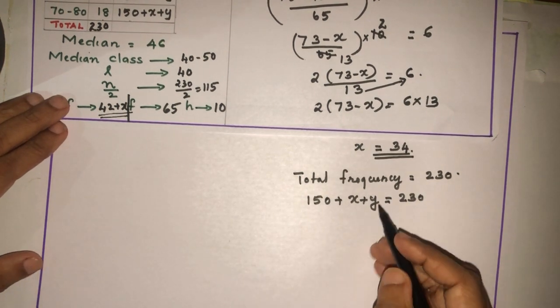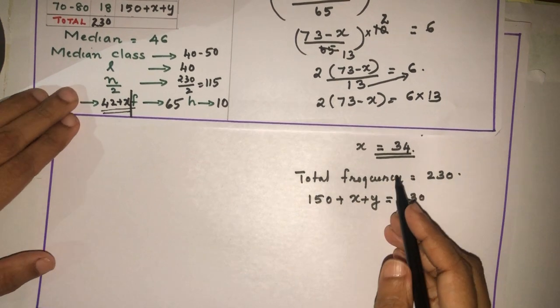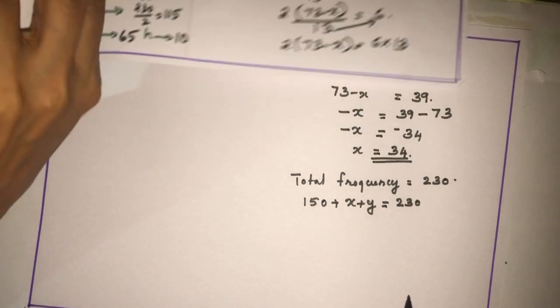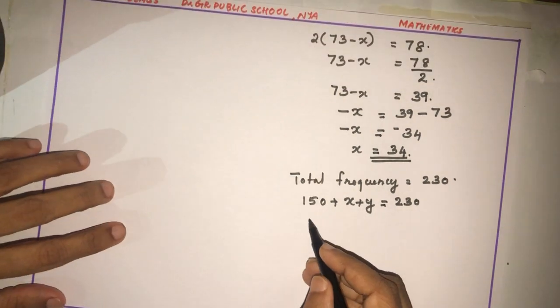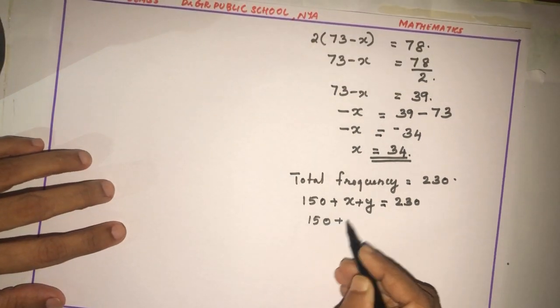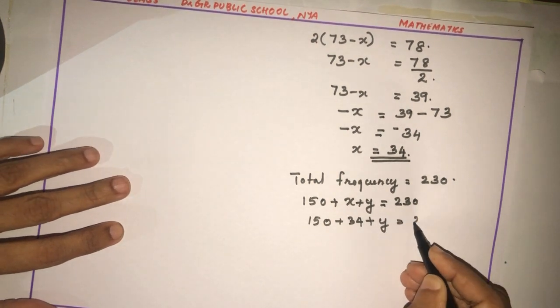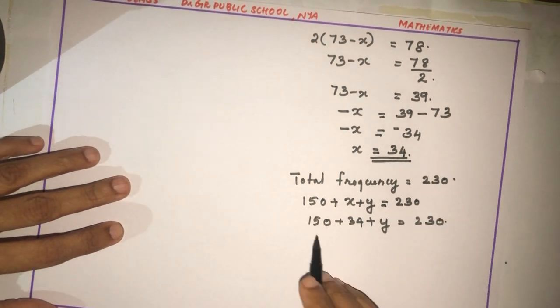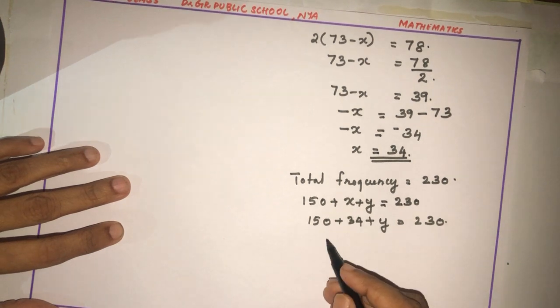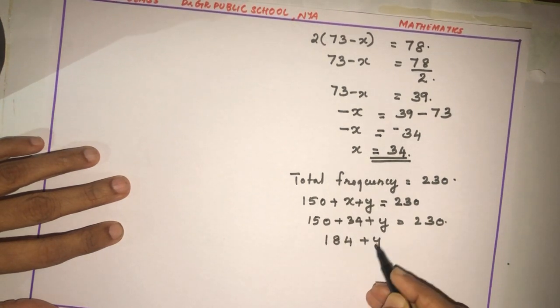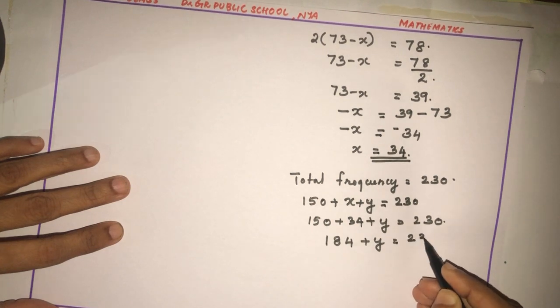Now, x value we know, we got x value as 34, isn't it? Now 150 plus 34 plus y equals 230. What is 150 plus 34? 184 plus y equals 230.